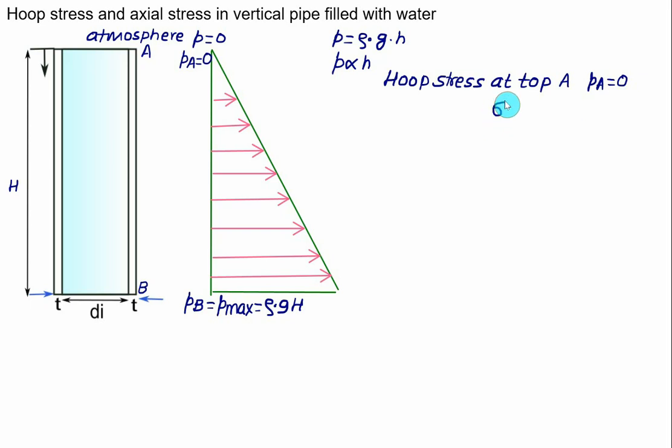So sigma H at point A equals pressure multiplied by diameter divided by 2 times thickness, which equals 0, as the pressure is 0 at point A.